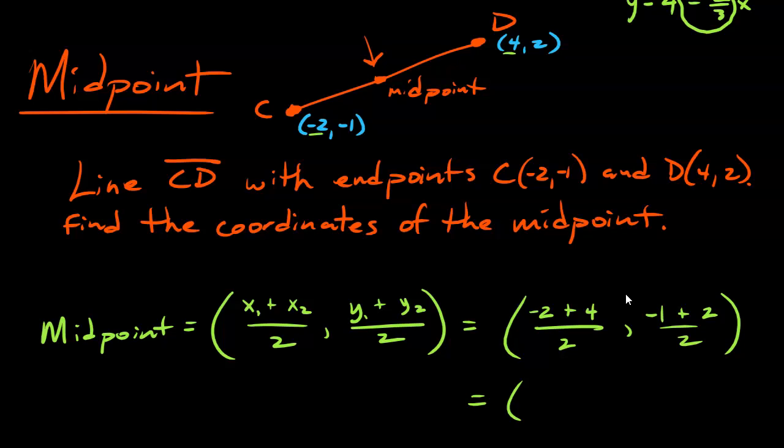So -2 plus 4 is 2, divided by 2. -1 plus 2 is 1, divided by 2. So my midpoint is the point 1, 1/2.